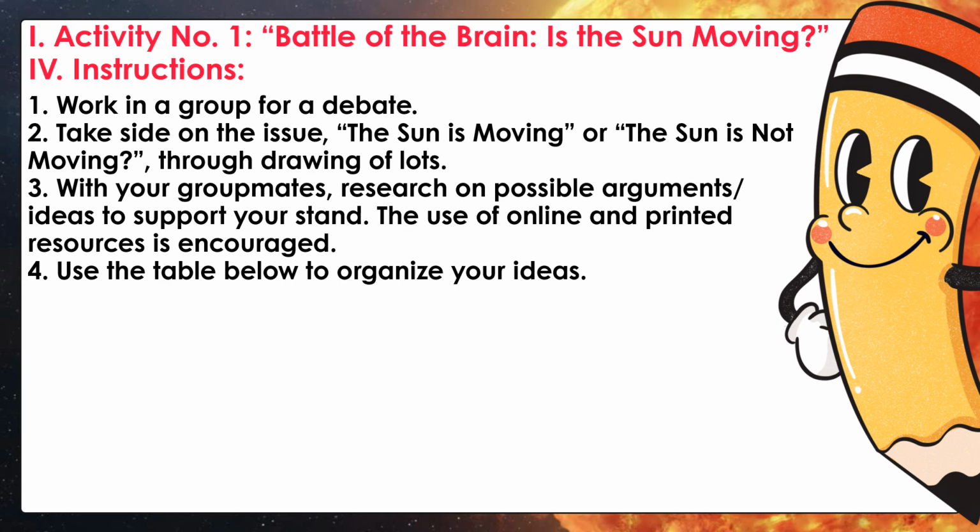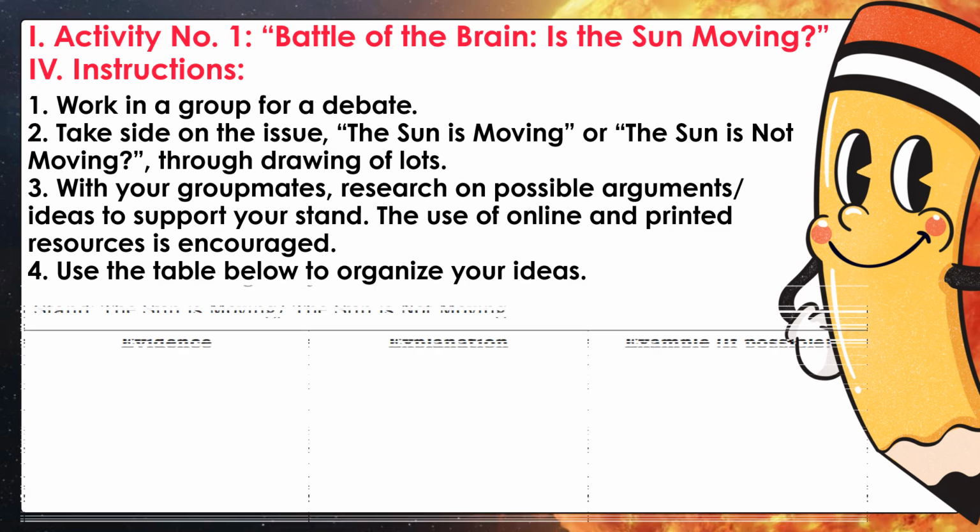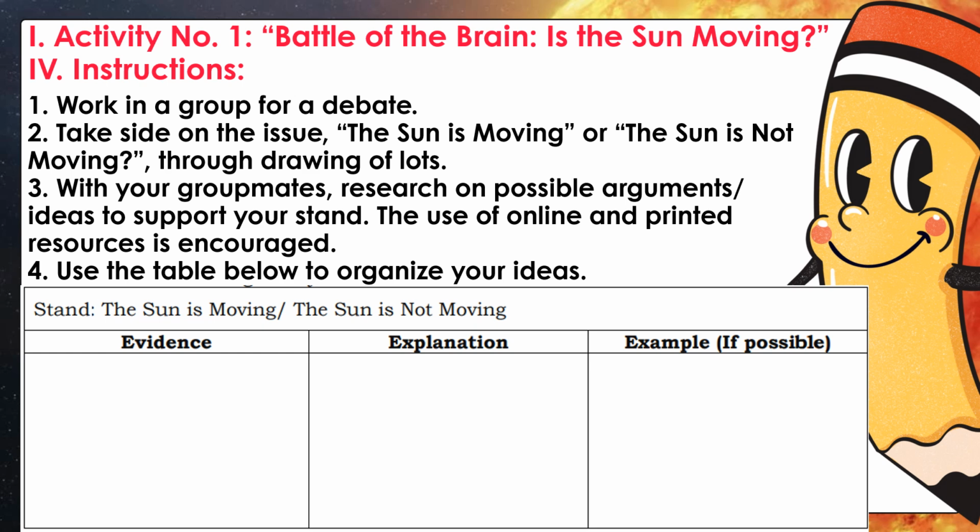With your groupmates, research on possible arguments or ideas to support your stand. The use of online and printed resources is encouraged. Use the table below to organize your ideas. First column is your evidence. Second column, explanation. And third column, example if possible.